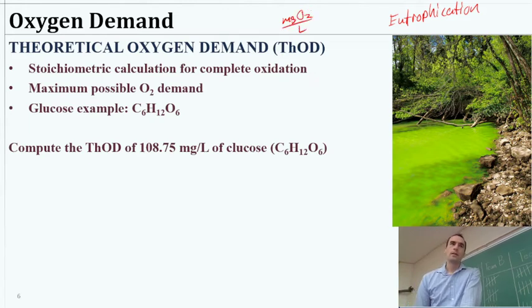And keep in mind, when we say oxygen, we really are referring to molecular oxygen, O2, that we can breathe and that is available to these organisms. So you'll have to write out a chemical formula and balance it.